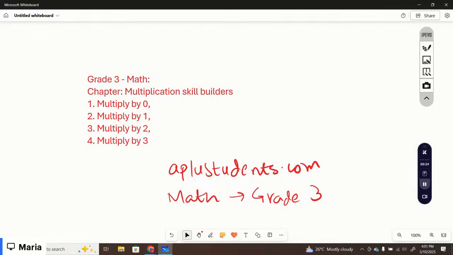We're going to start with the chapter multiplication skill builders. The lessons we're going to cover today are multiply by 0, multiply by 1, multiply by 2, and multiply by 3.